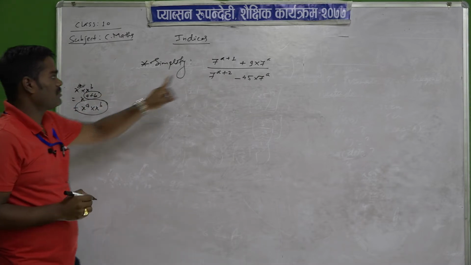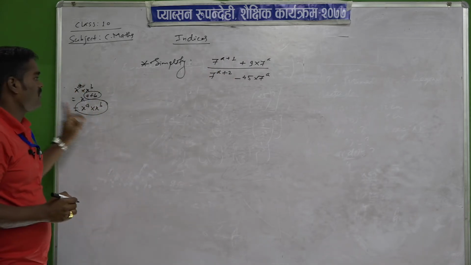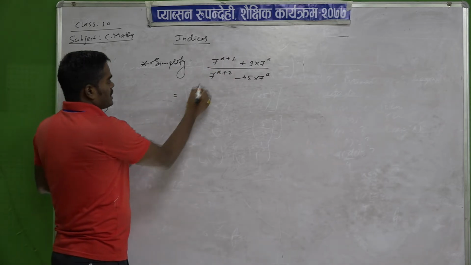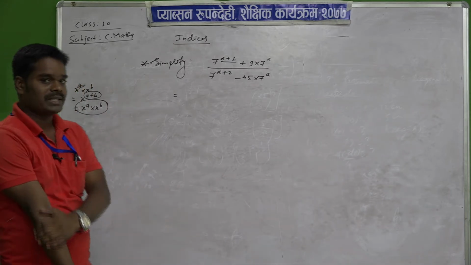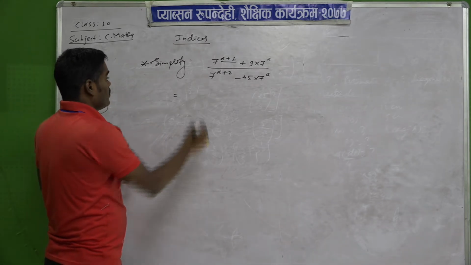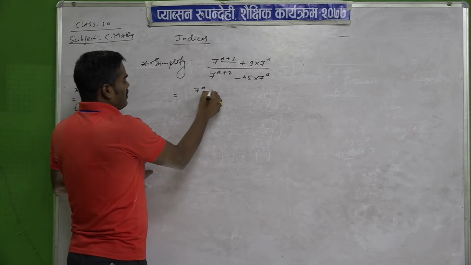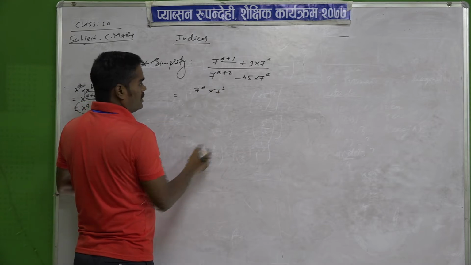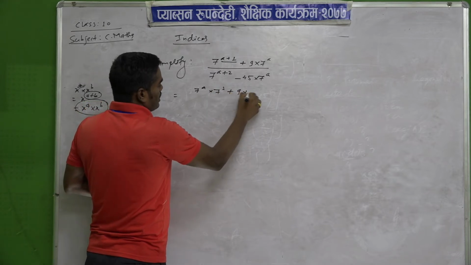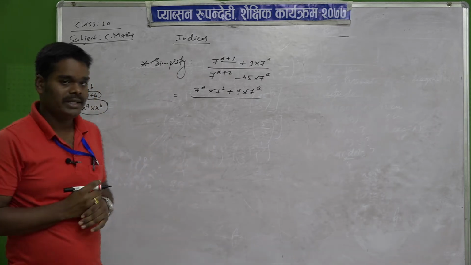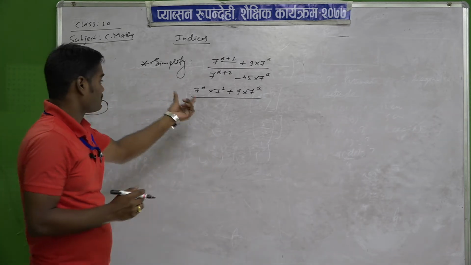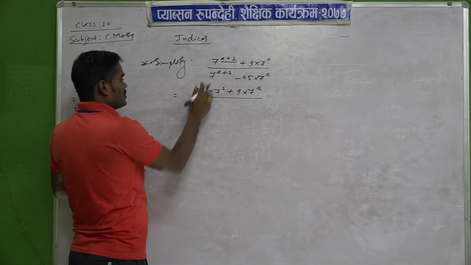So, here we have to separate the base. So, 7 power a plus 1 is given. So, we can write here 7 power a into 7 power 1 plus 9 into 7 power a, 9 into 7 power a, my dear students. And downside is also 7 power what?